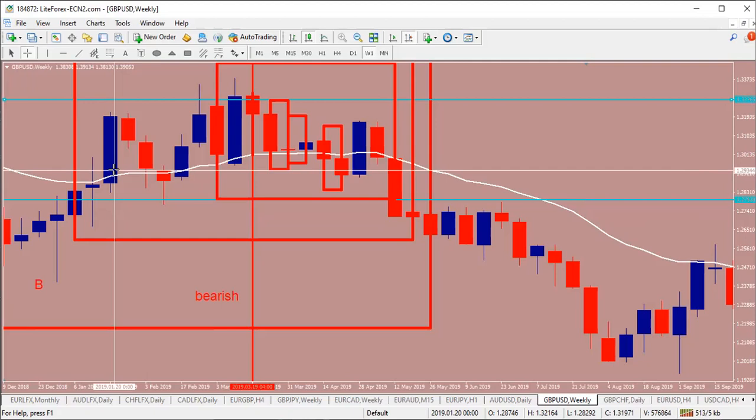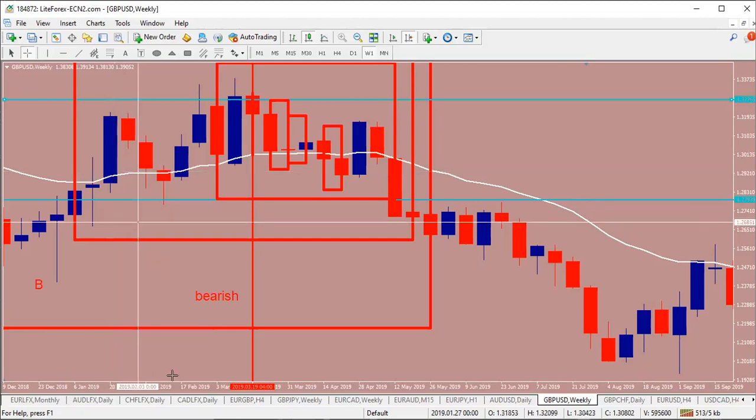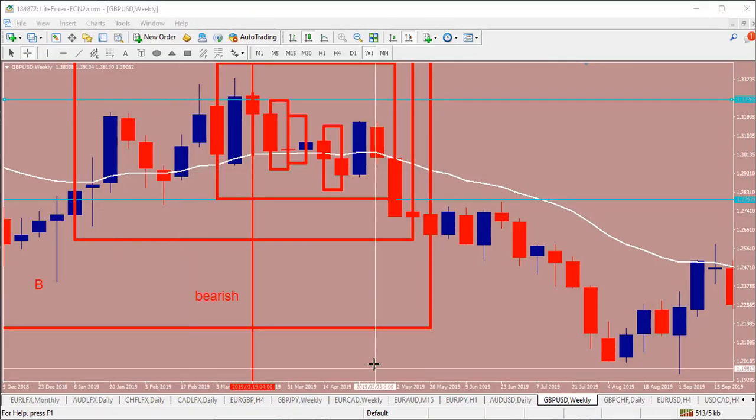So what do you learn from here? There might be a situation whereby you will not be able to see the change of momentum in that particular higher time frame you are looking at. Are you getting it? So the best thing to do is to go back to the lower time frame and gauge the change in momentum.